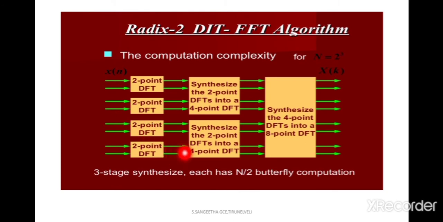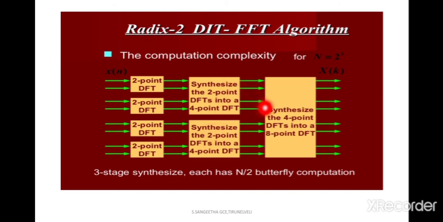So here in the N by 2 butterfly computation we have 3 stages. In the first stage we have given the x of n values. Next we have computed the first stage, in which we computed the 2-point DFT by using the butterfly structure. In the second stage we have synthesized the 2-point DFTs into 4-point DFTs, and this 2-point DFT is also computed by synthesizing the 2-point DFTs into 4-point DFT.